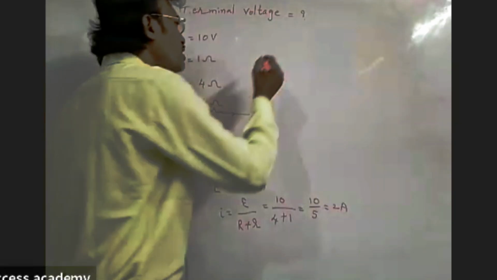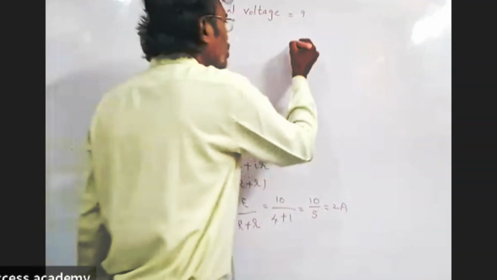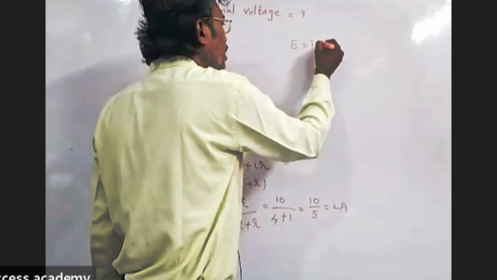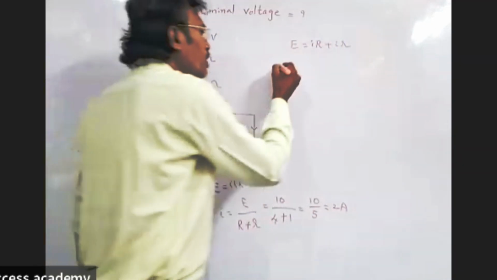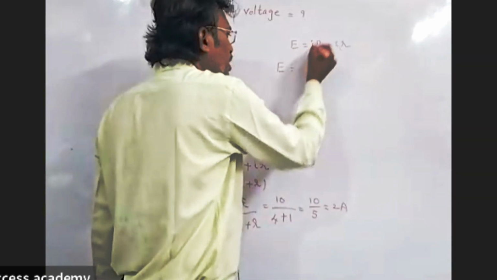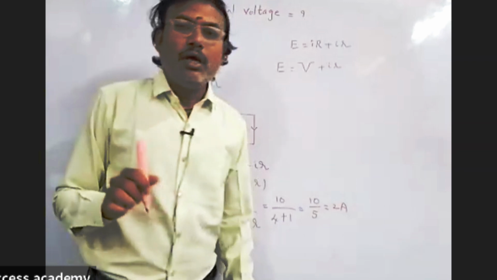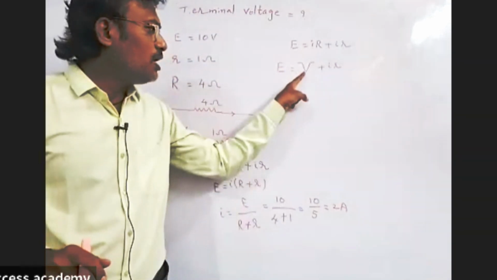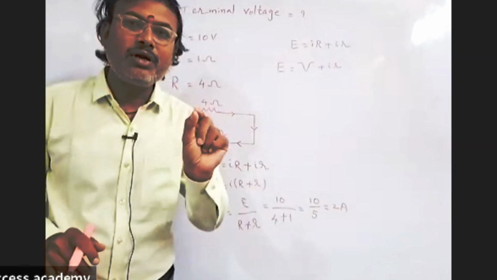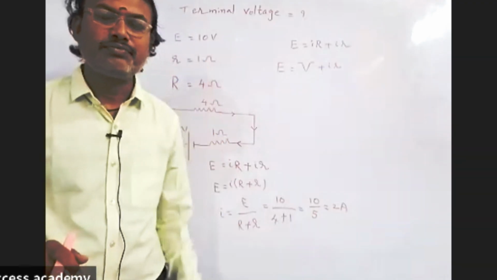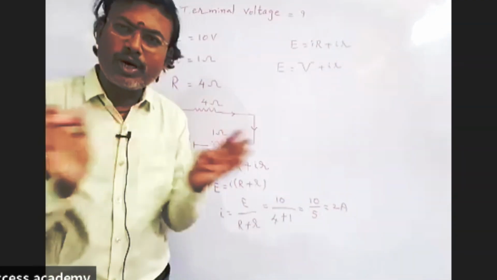Observe carefully, the same formula once again: E is equal to I capital R plus I small r. Now E is equal to V, in place of I capital R, plus I into small r. Remember, once you place V in any formula, that can be applicable only for the external resistor. According to Ohm's law, V is equal to IR. That part is over.